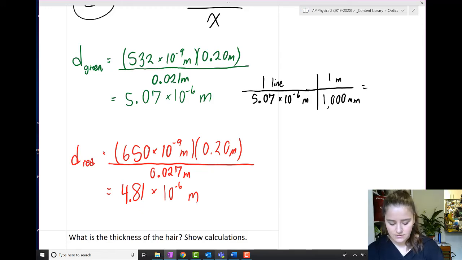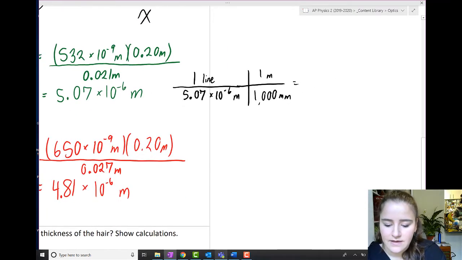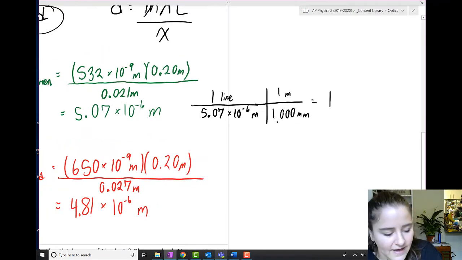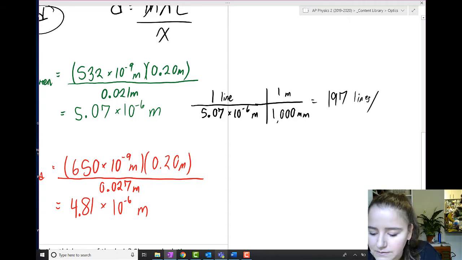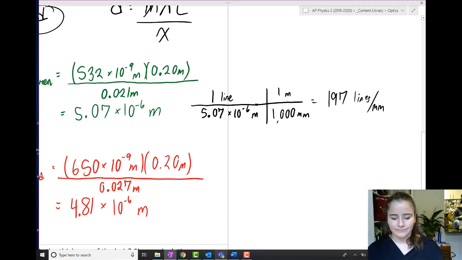Divided by 1,000, and we get that there are 197 lines per millimeter.